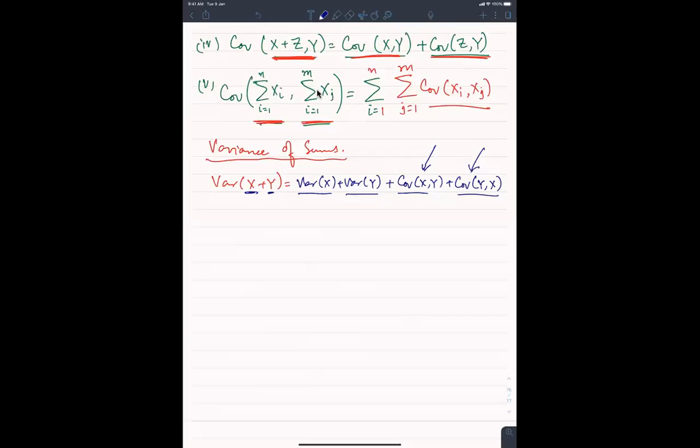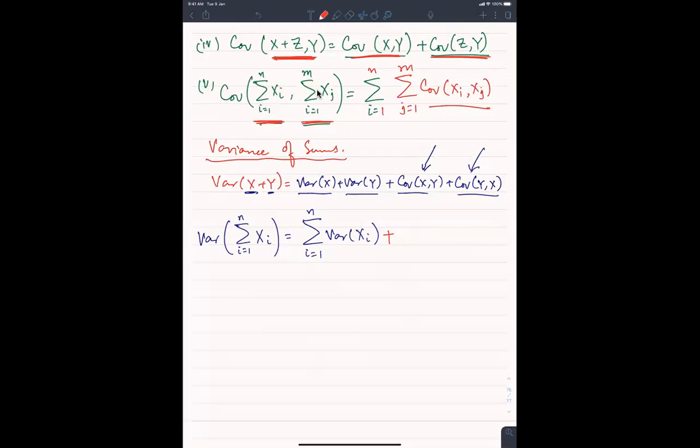If you have many random variables, variance of the summation of i equal to 1 to n of xi, so x1 plus x2 plus x3, if all of these xi's are IID, we saw that this was equal to the sum of the variances of xi if independent. But what happens if they are not independent? Then we need to add something to it, and that is the pairwise covariances.